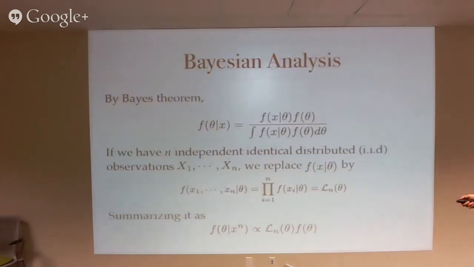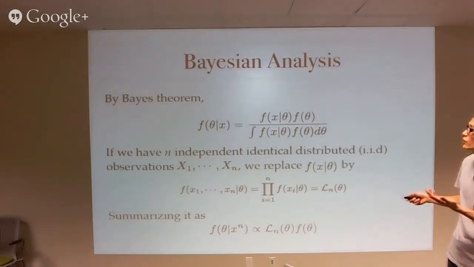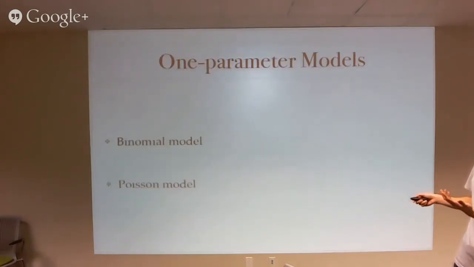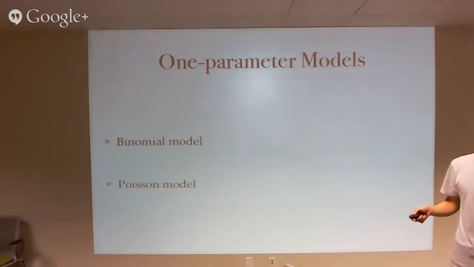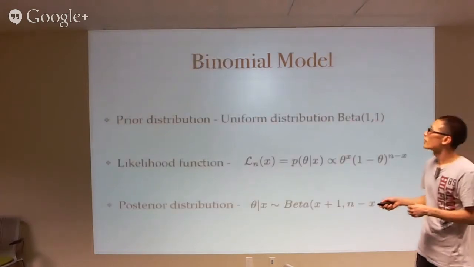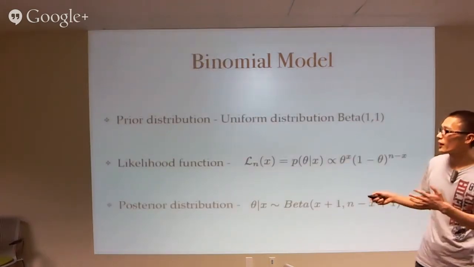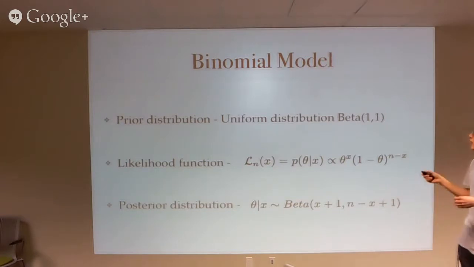This is the basic idea of Bayesian analysis, and I'm going to introduce two one-parameter models. The first one is the binomial model, and the next one is the Poisson model. In the binomial model, the prior distribution is a uniform distribution.